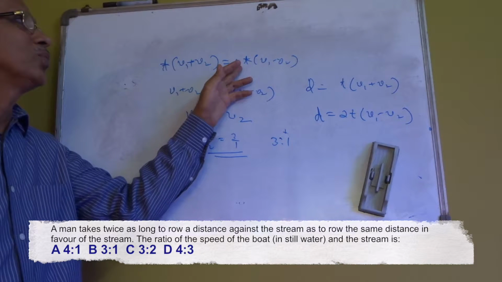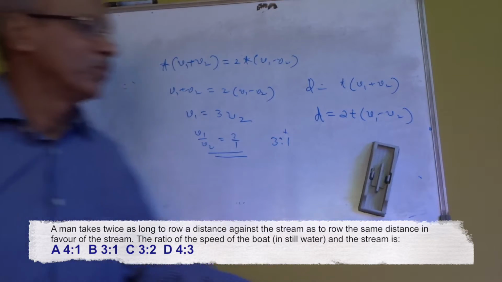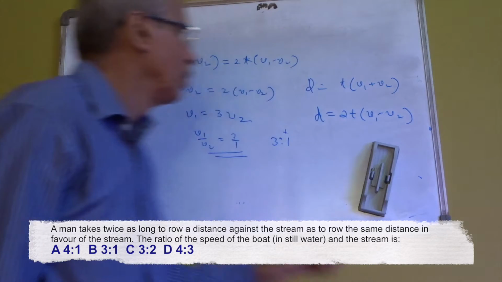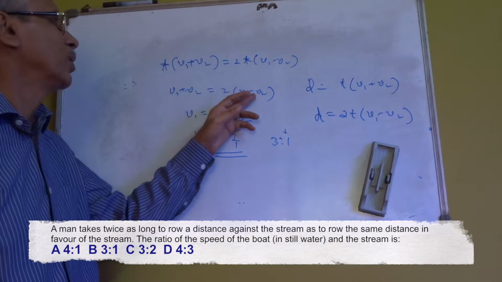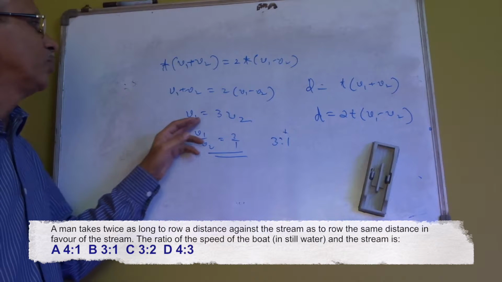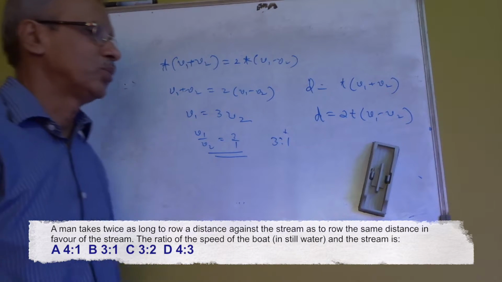So the time taken is 2t, but the distance is the same. So t into v1 plus v2 is equal to 2t into v1 minus v2, and because t is common, we can cancel. So v1 is equal to 3 v2, or v1 by v2 is 3 by 1, 3 is to 1.